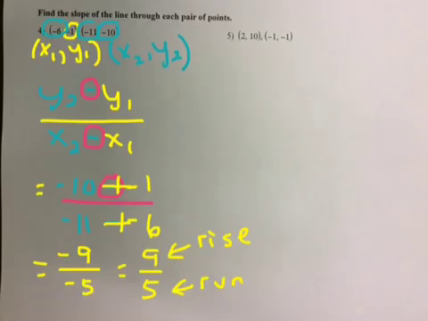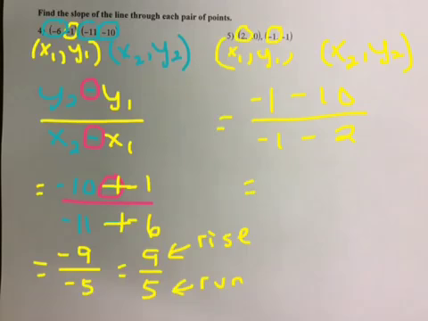So this first point is going to be my x1, y1, and the second point here is going to be my x2, y2. Okay, using my formula, I'm going to do y2, which is negative 1, this negative 1 right here, minus y1, 10, over x2, negative 1, minus x1, which is 2.